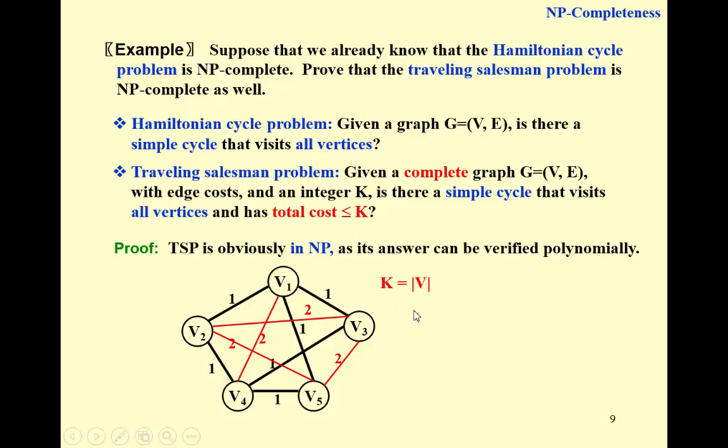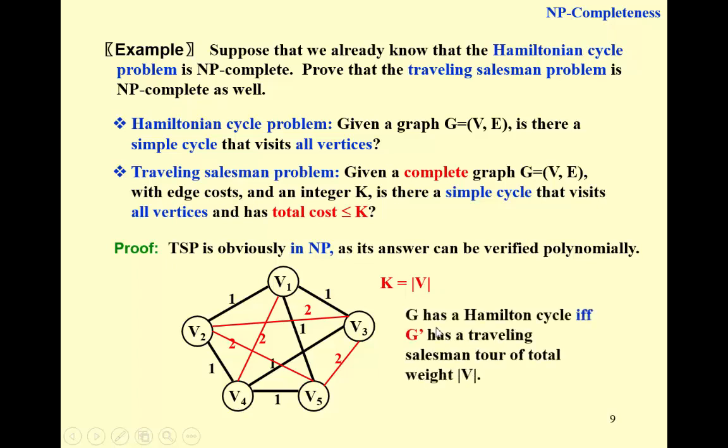The next thing we're supposed to prove is this: the original graph G has a Hamilton cycle if and only if this complete graph has a traveling salesman tour of total weight equal to the number of vertices.